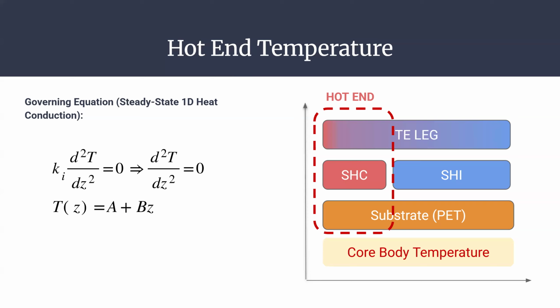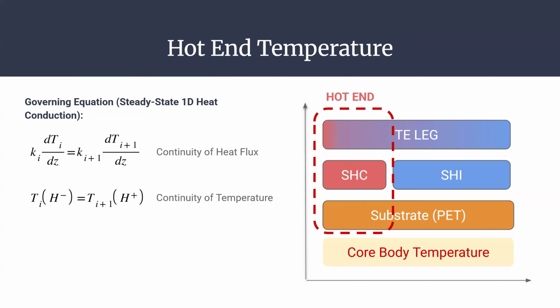That leads to a general solution that is T of Z equal to A plus BZ, and A and B in this equation are both constants.